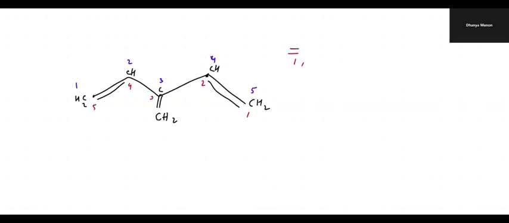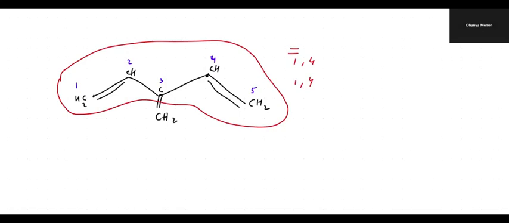So both ways it is the same, and I'm just taking this way of numbering. Now this is our main chain, and that means this is our substituent, right?